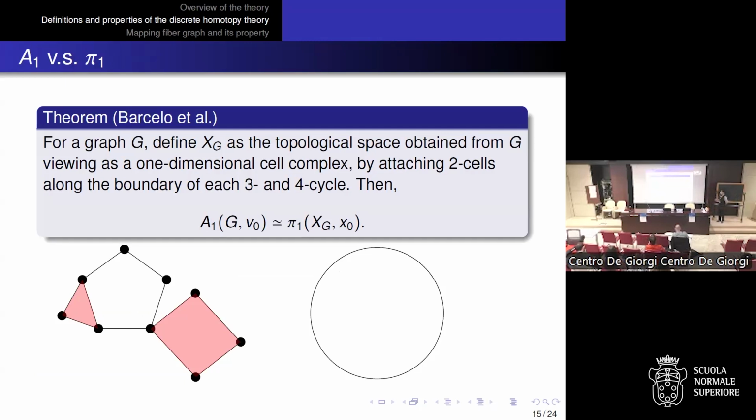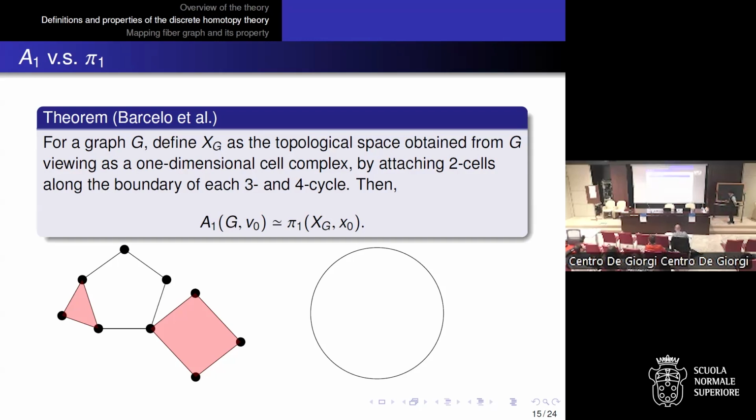Then we attach 2-cells to all 3-cycles and 4-cycles along the sides. We define such a complex as X_G. Then its geometric fundamental group is isomorphic to the A1 group of G.